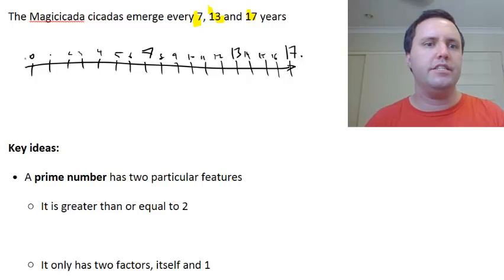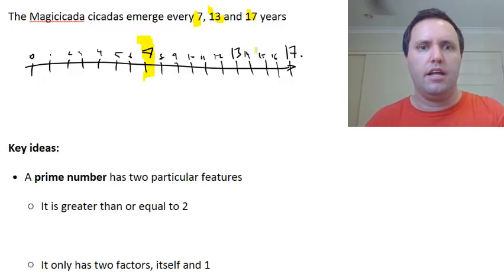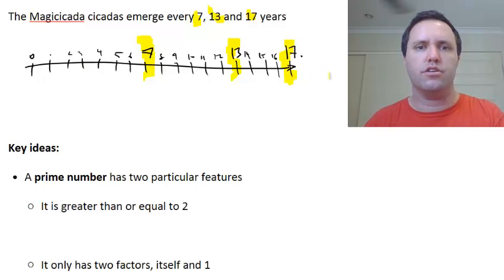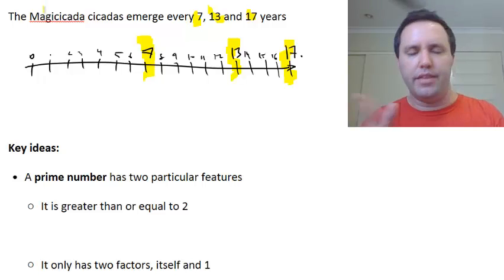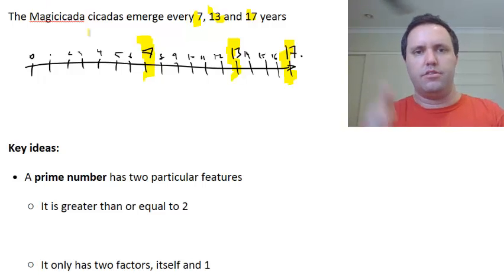If there's a lot of these cicadas here, and a lot of them here, and a lot of them here, and then that cycle goes on again after that, when they lay their eggs they will emerge in those same sorts of years.